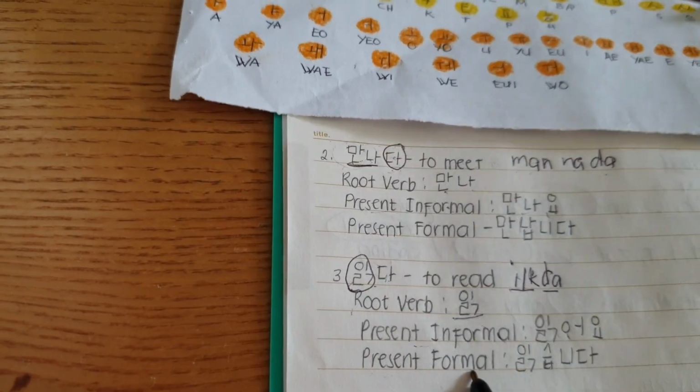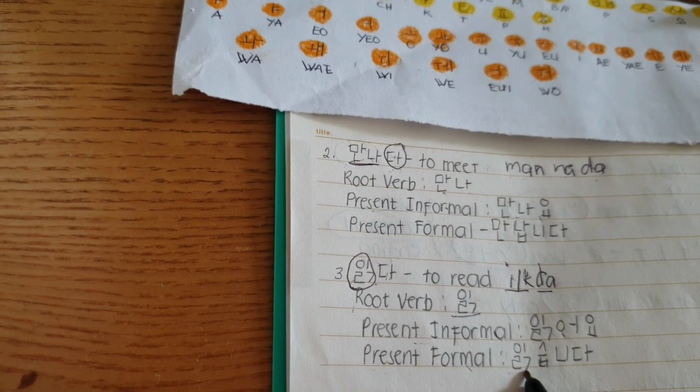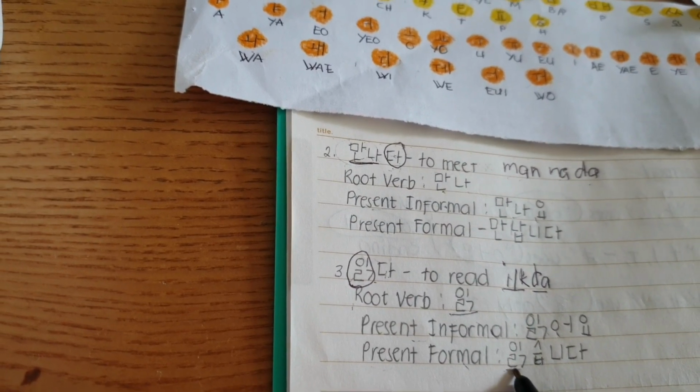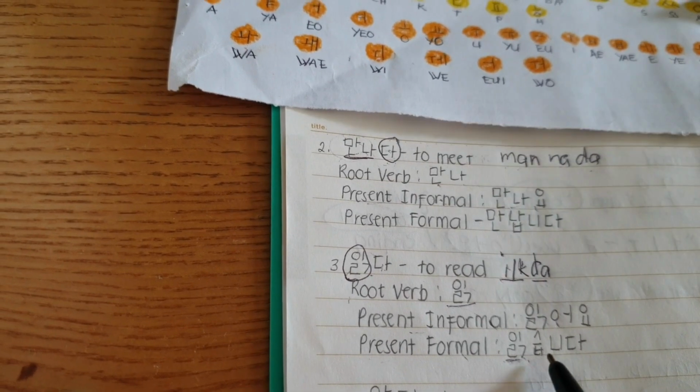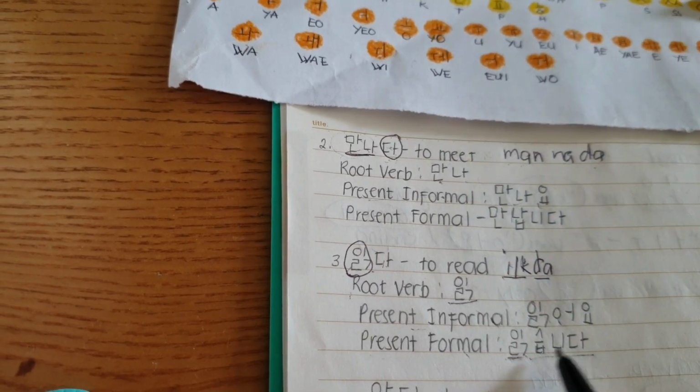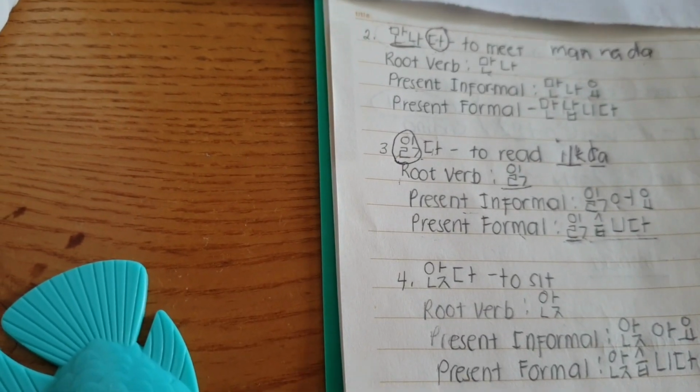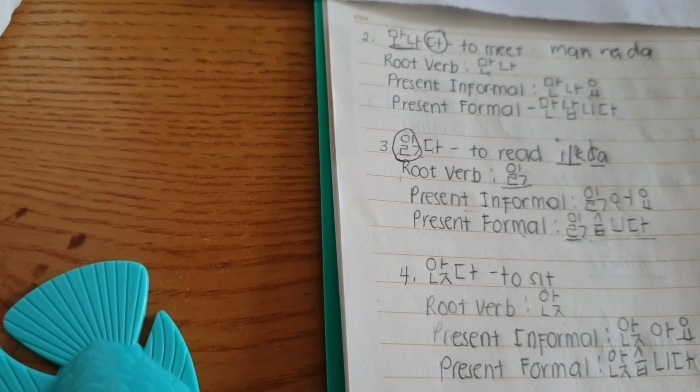Then the present formal, since the root verb ends with consonants, you're just gonna add 습니다. 읽습니다. Okay, you're just gonna go back to the rules in adding this one.